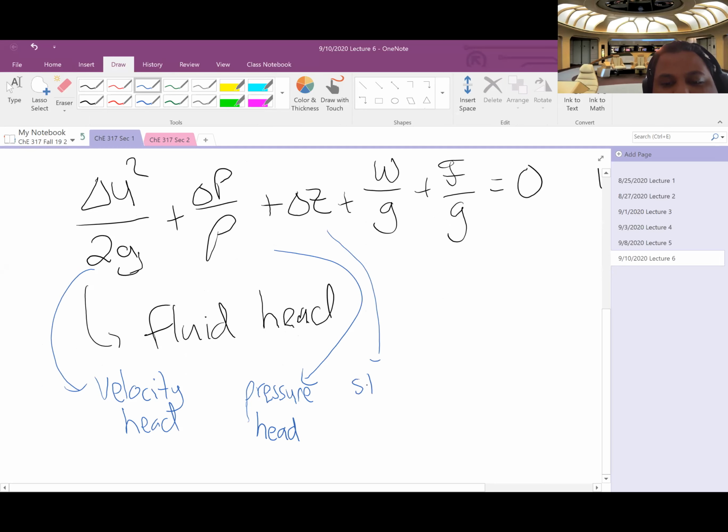Then we have our static head. Work is known as the head added. And this friction over g is known as the head loss.